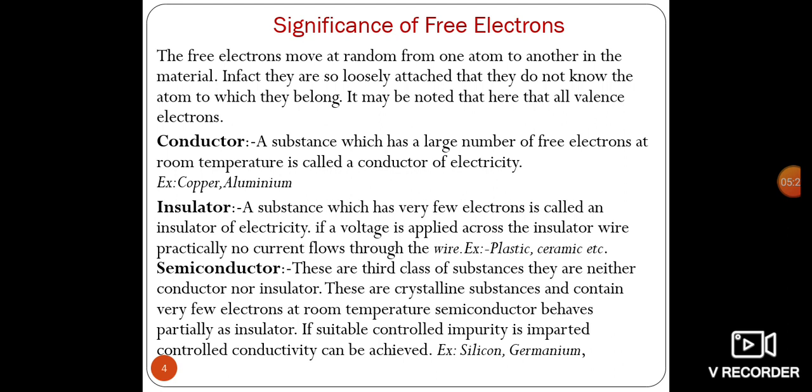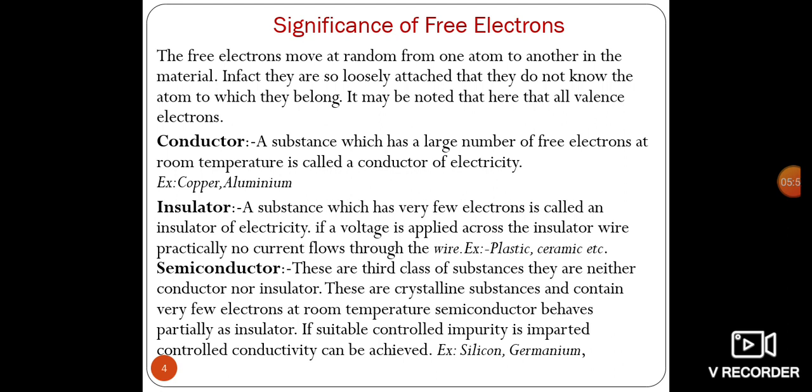So they are always in motion from one atom to another in the material, and they are loosely attached to the nucleus. In fact, they are so loosely attached that they don't know to which atom they belong.